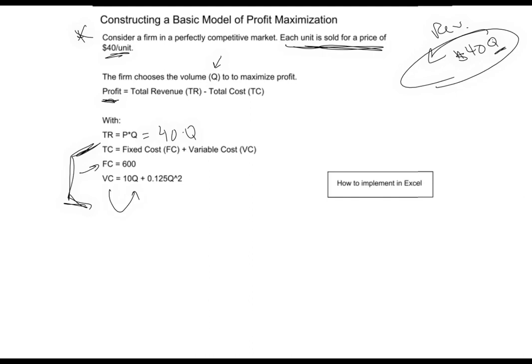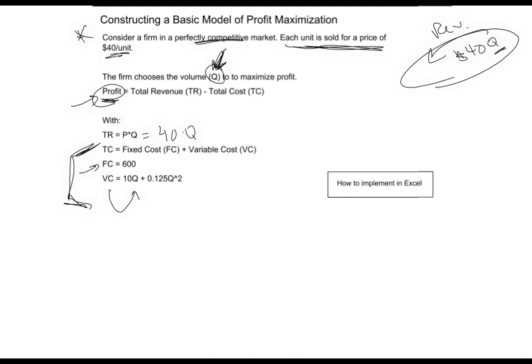So I've got some equation that's a function of Q to describe VC, but FC plus VC equals TC. Total costs are equal to the fixed costs plus the variable costs. And if I took the revenue and subtracted the total cost, what I'm left with is the profit. The goal of a firm in a perfectly competitive market is to choose the amount of Q so that profit is maximized.